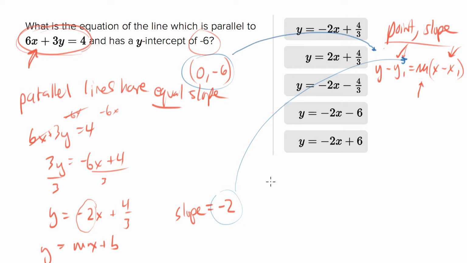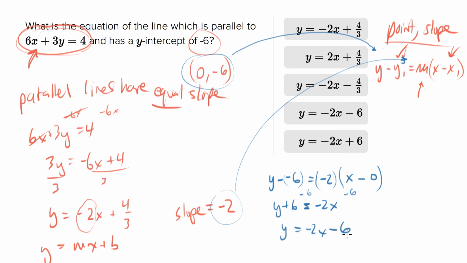What we get is y minus y1, which is -6, equals slope -2 times x minus x1, which is 0, and what you end up with is y plus 6 equals -2x. Let's subtract 6 from both sides, so you get y equals -2x minus 6, which is the fourth answer choice. So that was a cool question.